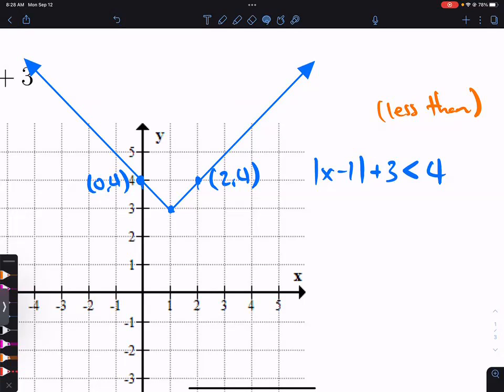Okay, so what is it? It's not just a single value, but it's a range of values, right? Everything between where and where? Between 0 and 2. Because what happens at 0? It's 4. Okay, so they're equal at 0.